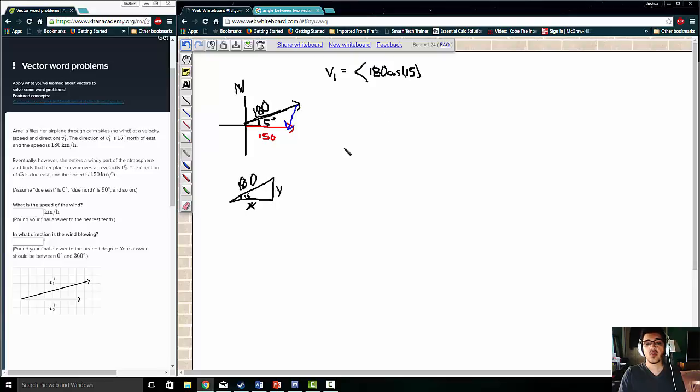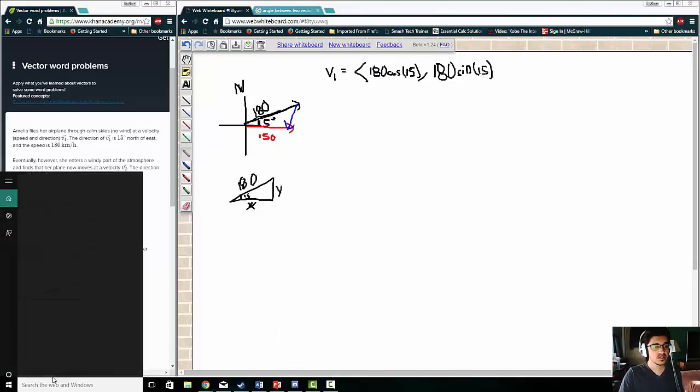And we can see that the y component is going to be 180 sine 15. So let's plug that into our calculator, which I do not have open, so let's open that up.